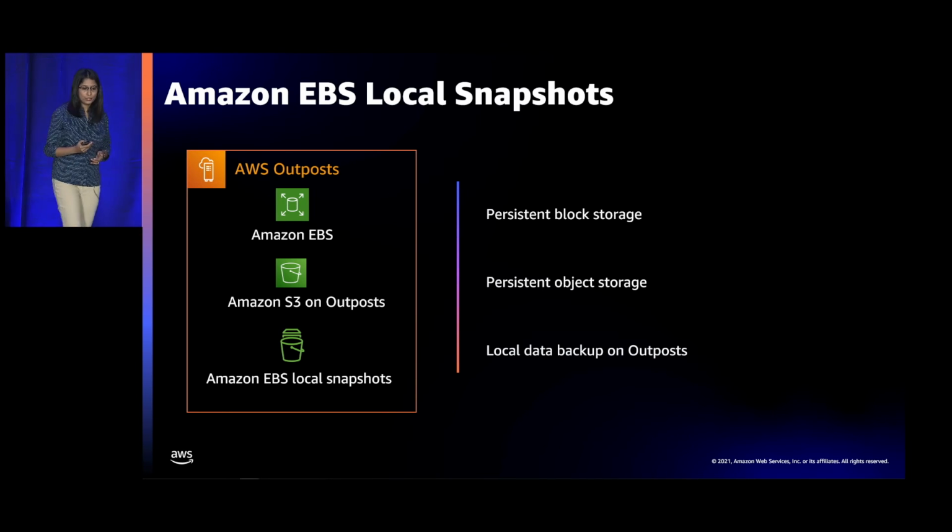For this, we introduced a new product called EBS Local Snapshots. For EBS Local Snapshots, you need your Outpost to be provisioned with S3. And you can control access to the EBS Local Snapshots using IAM policies. You can use local snapshots not only to store backups of your data, but also in cases of disaster recovery.